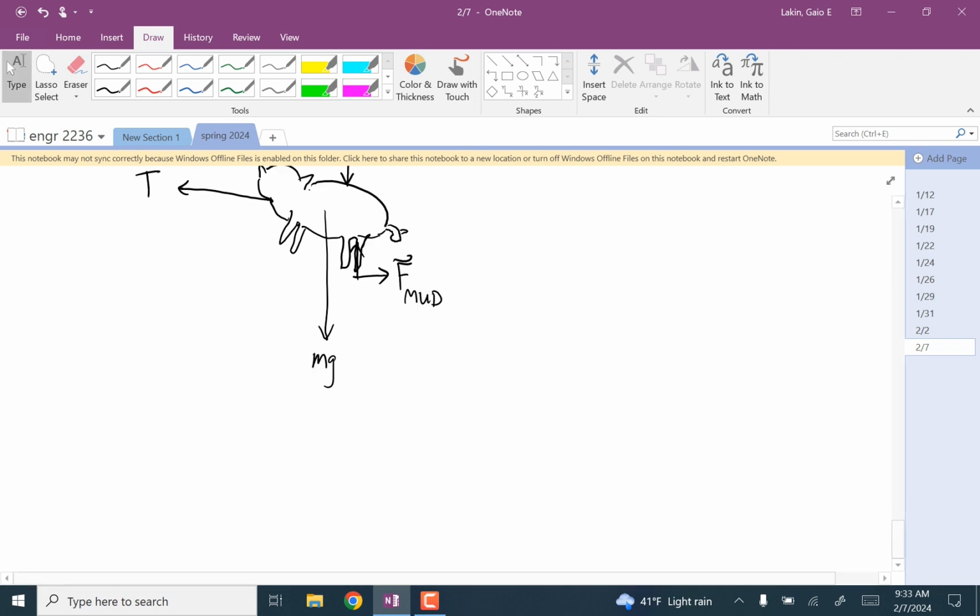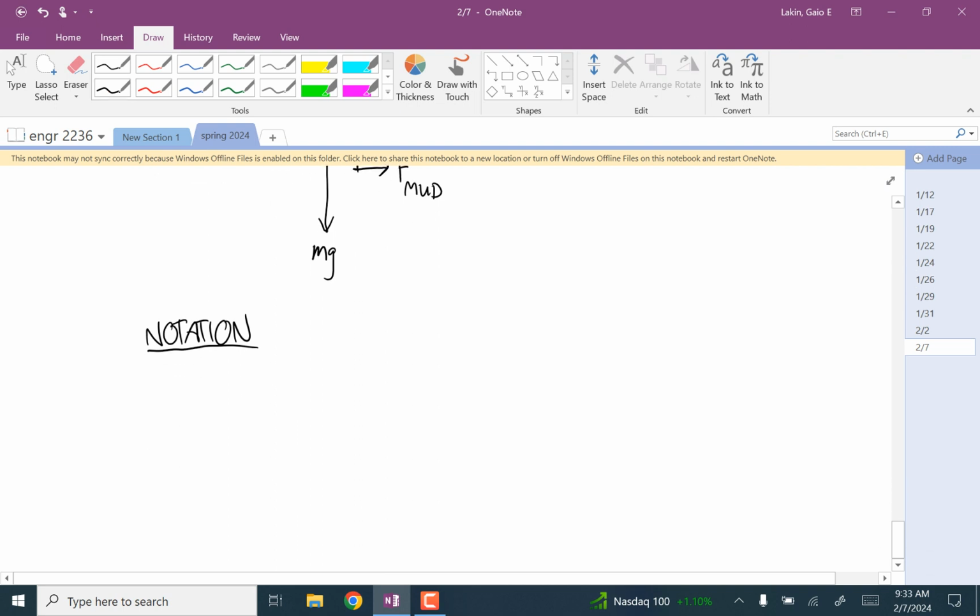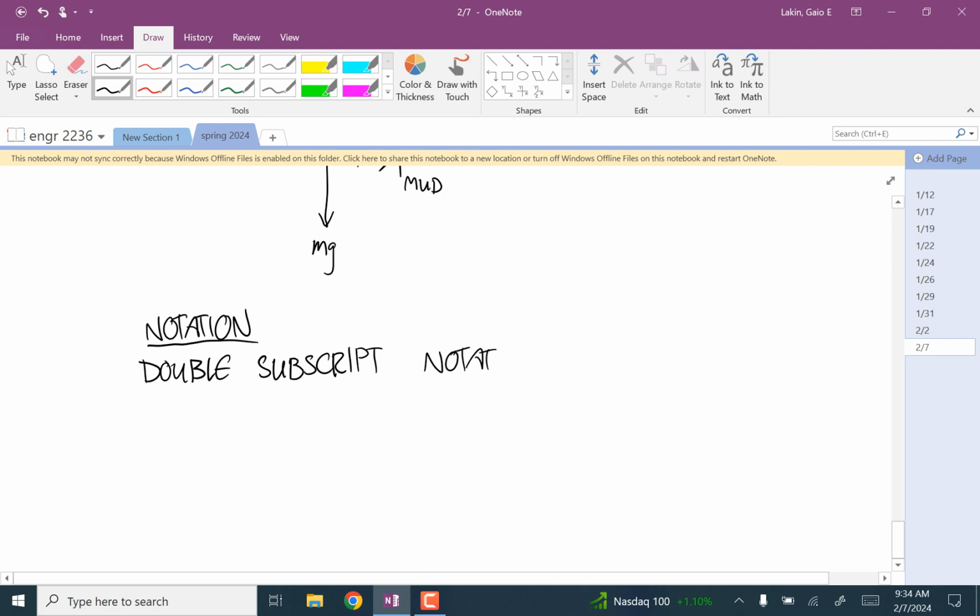Okay, there's one thing I want to introduce. This is just a notation thing, but it'll come in handy more later on than now. I'm going to call this the double subscript notation. For force, and we're not talking about couples yet, we'll talk about that later, but I'm also going to say and couple vectors.